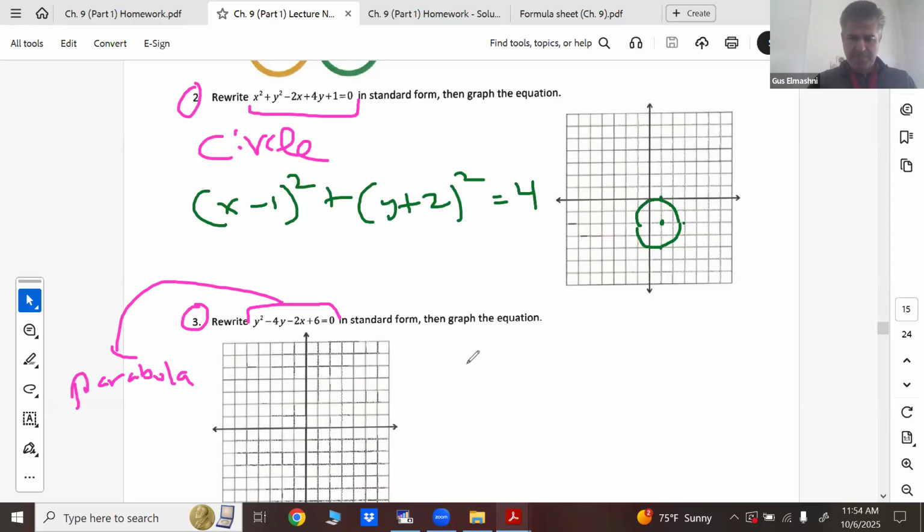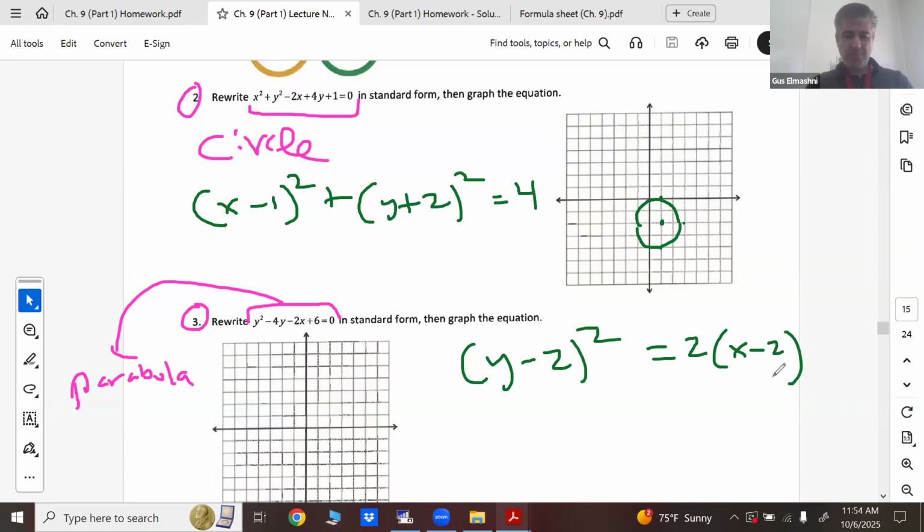This one here: (y minus 2) squared equals 2 times (x minus 2). Yes or no? I could be wrong.